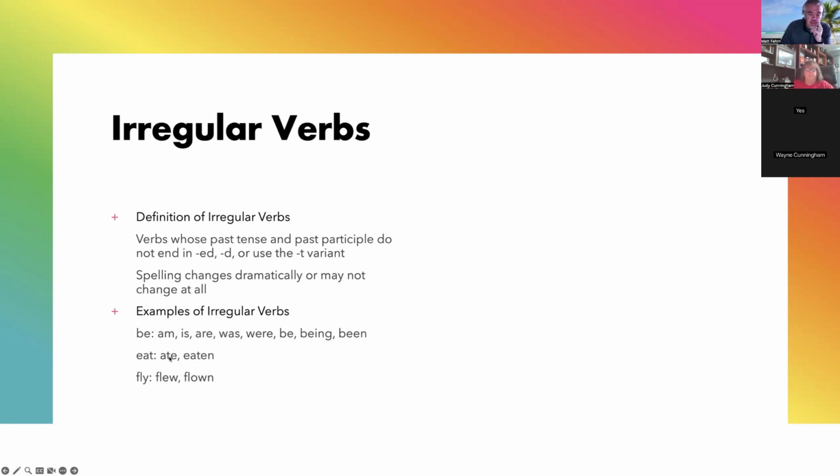It can be ate or eaten. Fly, flew, flown, right? Catch can become caught. Either I caught something in the past, or I will catch. Some of them stay the same, so it gets tricky.